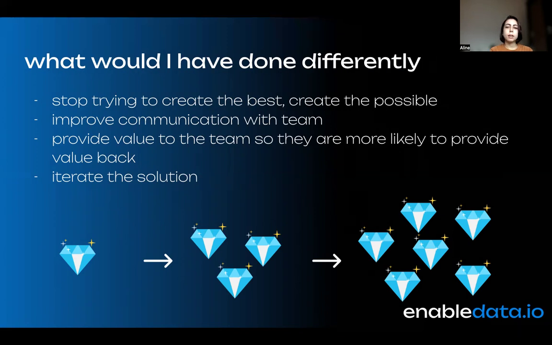And after that, we started doing that for some tables after many calls, many prioritization asks, but it's still not all developed. And it's important to have in mind that providing some value and then providing more, iterating the solution, is a good way to work.